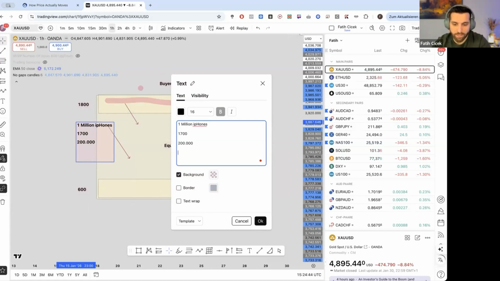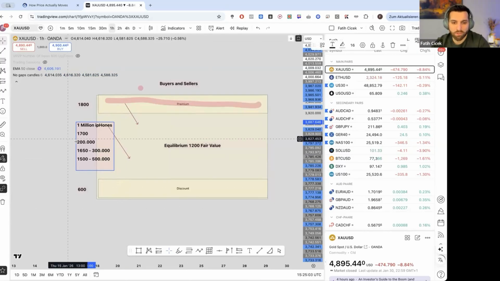And then at 1,650, I might find another 300,000 customers. And then at 1,500, I might be able to sell the remaining 500,000. Which is how these banks actually operate. I'm just giving you this analogy so that you understand what's happening on a micro level.